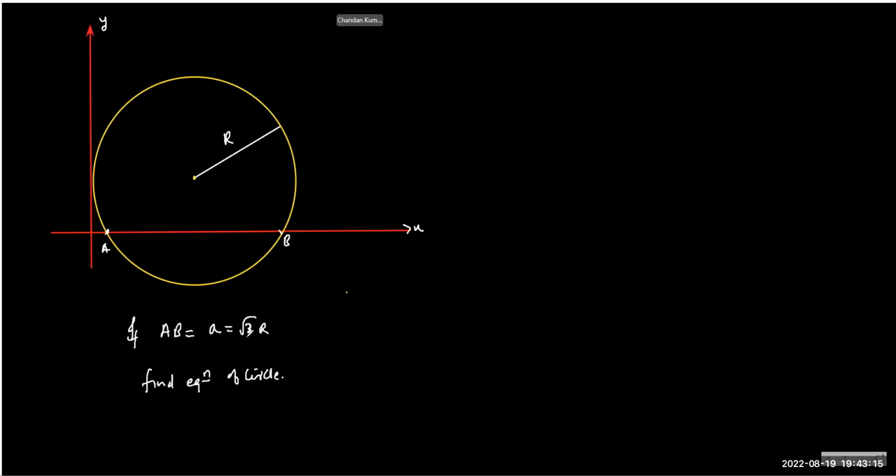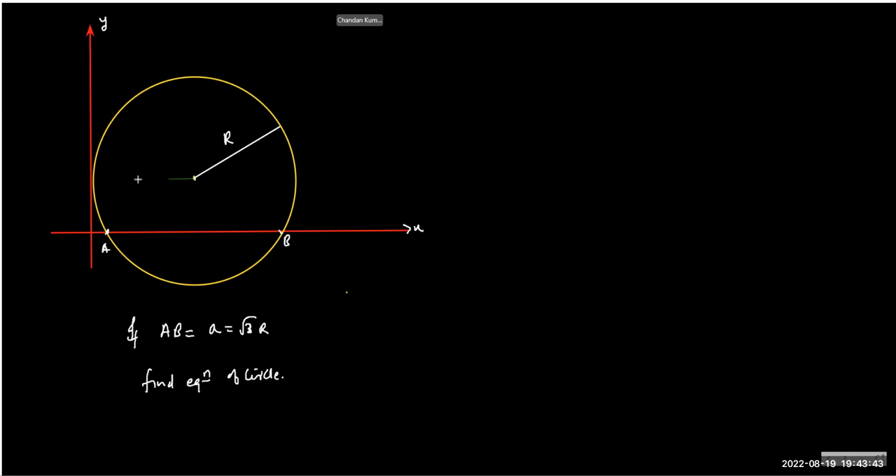So to find the equation of any circle, what we need to know is the coordinate of center, right? Yes, sir. What is the x coordinate of center? You can clearly see something very interesting.